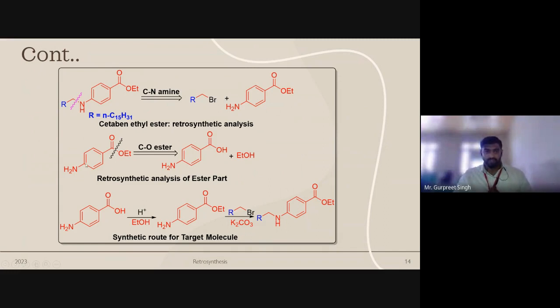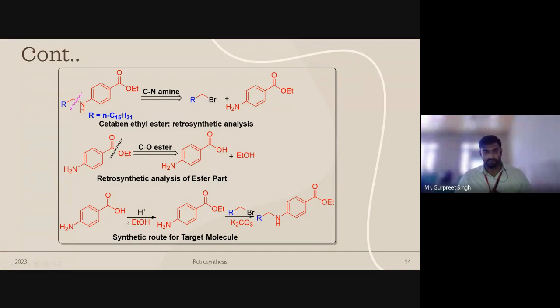Then we perform the retrosynthesis on the ester because esters are generally not available in the market as such. As we know, esters are made up of alcohols and acids. So we perform the retrosynthetic analysis next to the heteroatom by breaking this bond, and we end up with 4-amino benzoic acid and ethyl alcohol.